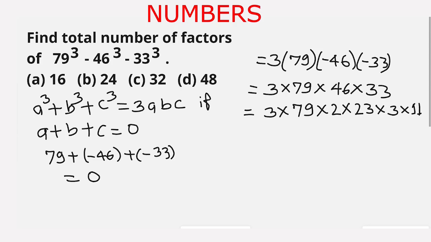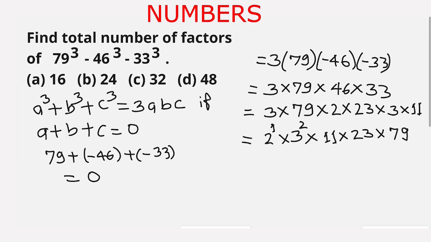Here 3 and 11 both are prime numbers. Now we have factorized every number into prime factors. Now we write all these numbers in ascending order. This is 2 to the power 1 multiplied by, there are two 3's, so that will be 3 to the power 2, multiplied by 11 multiplied by 23 multiplied by 79.